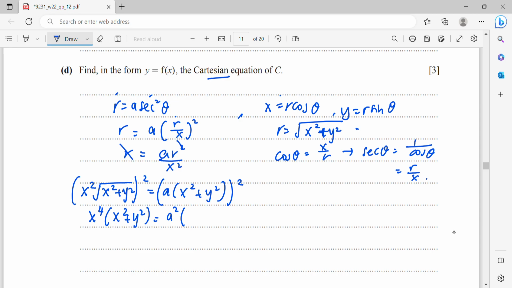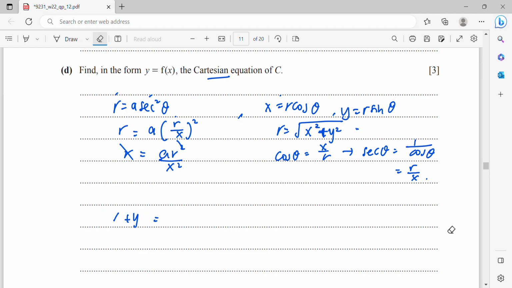Which means now I will get x squared. Now I can move up the x squared, then it will be just ar. So now your r is a square root. This will be easier.